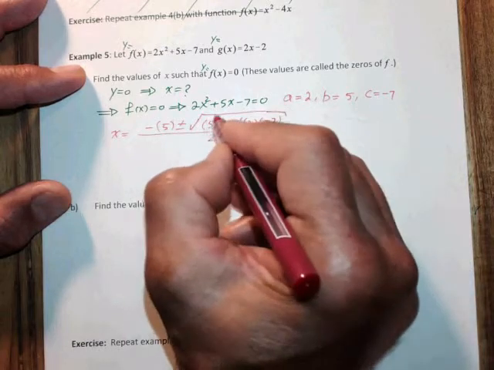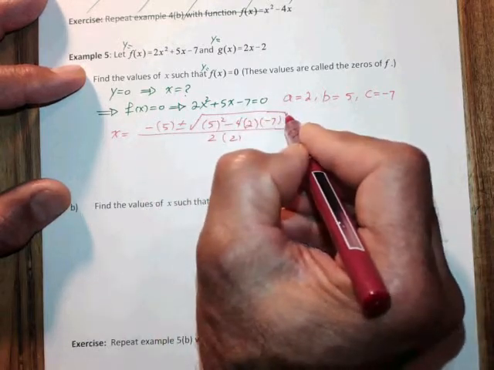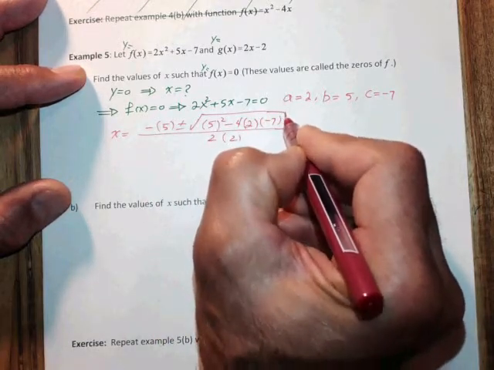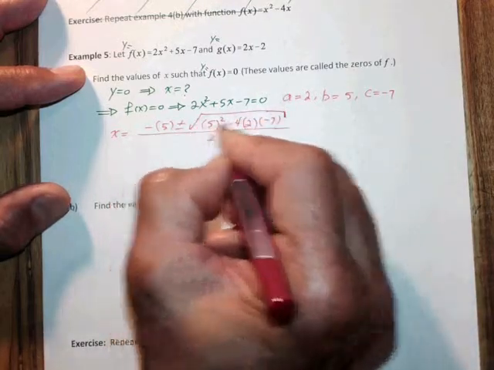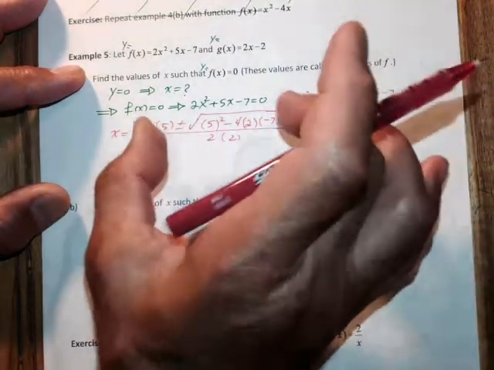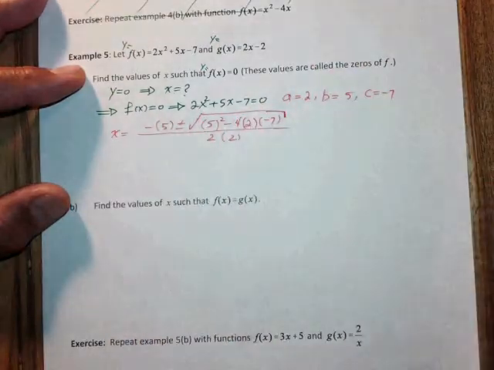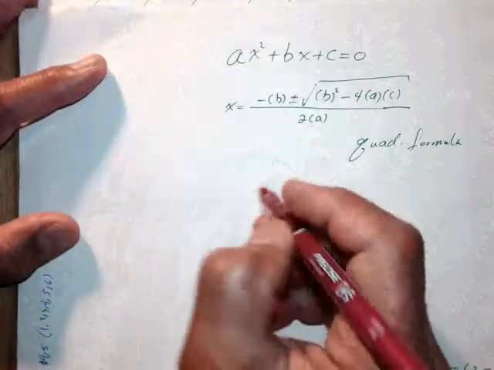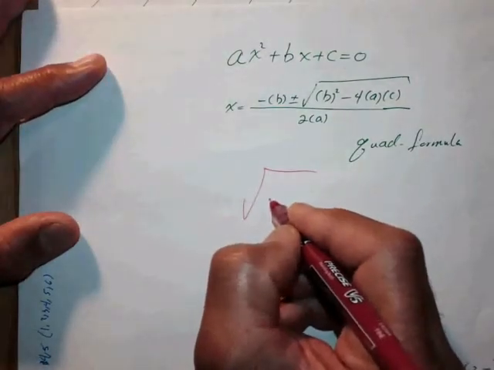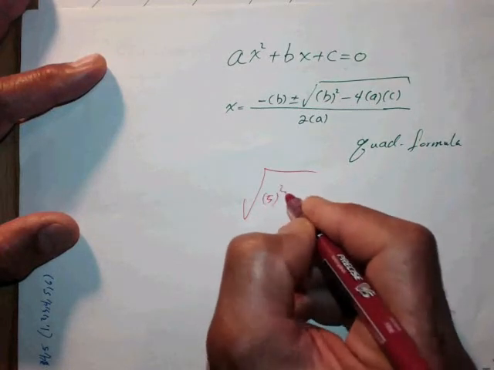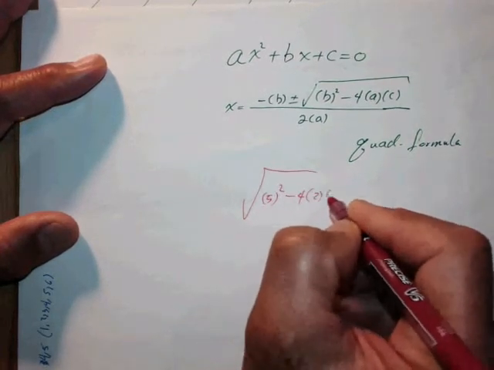When I have this radical sign, I just extend it all the way, and then I draw it downward like that to know what the whole thing under the radical sign is. Sometimes people do not write that. Sometimes people write like this: 5 squared minus 4 times 2 times negative 7.